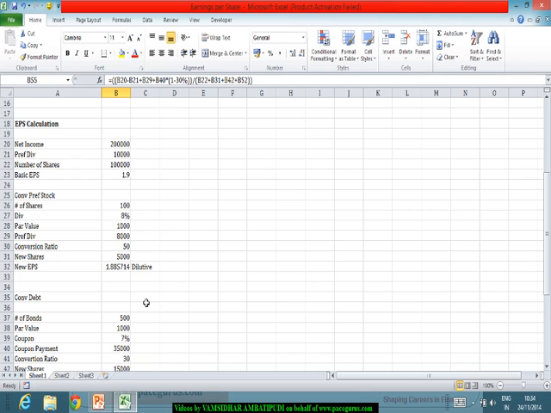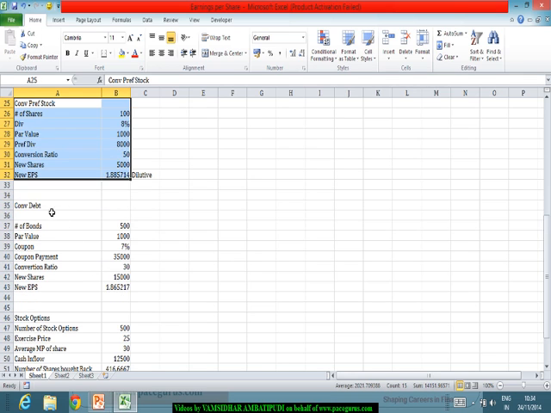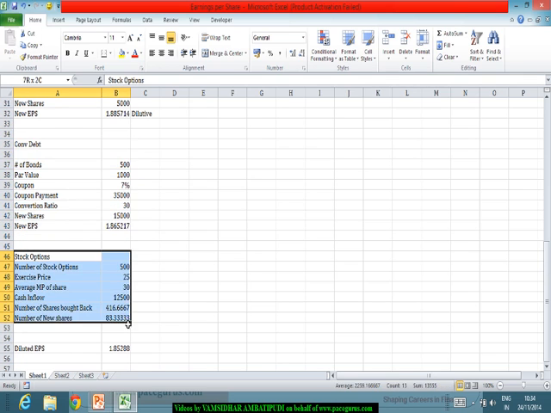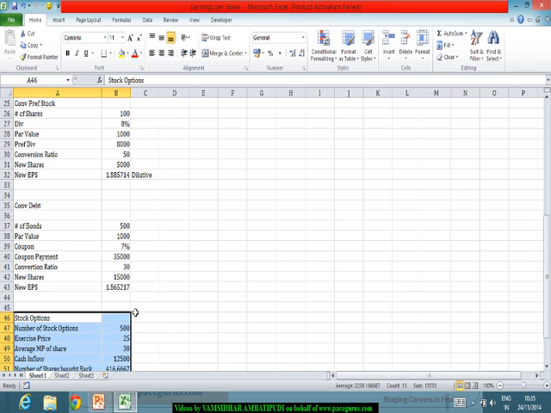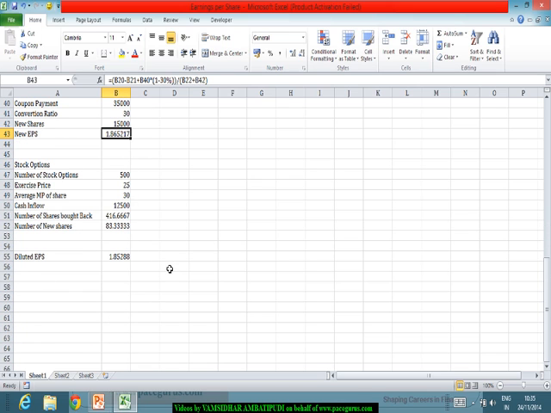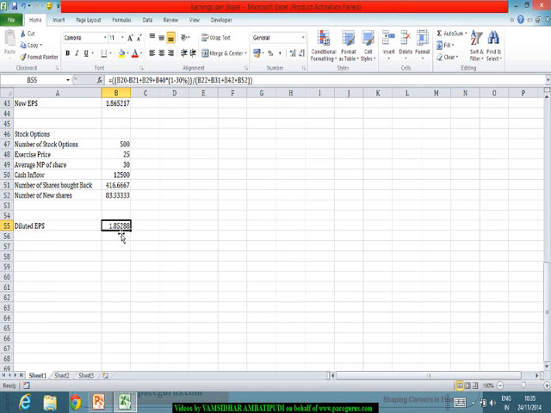So each potentially dilutive security, this is one, this is one, this is one, we have evaluated separately and checked whether it is really dilutive or anti-dilutive. And only those that are dilutive have been included in the computation of the final diluted EPS.